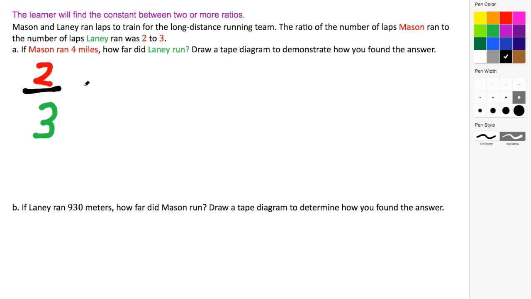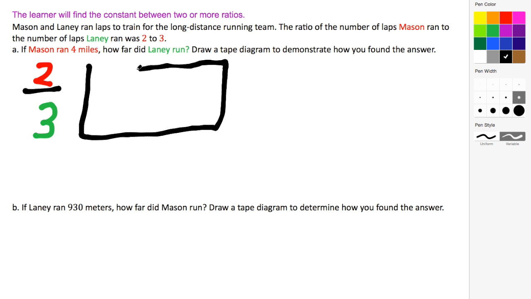And that will be black. I'm doing my best to make this even. So we have 1, 2. All right, Mason has 2 boxes, so I need to get rid of this box right here.